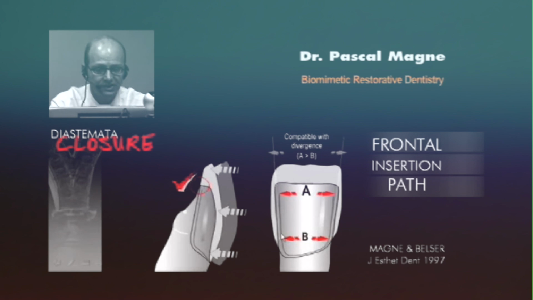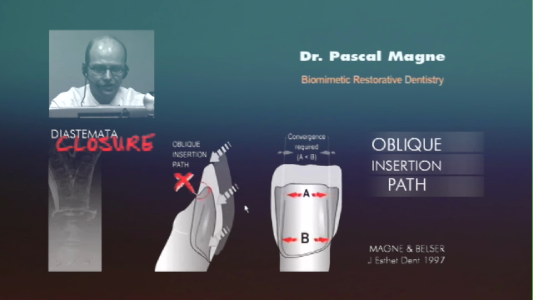You don't need to taper the proximal walls. You can maintain proximal divergence in your preparation by having your restoration inserted through the facial aspect without an oblique angle. If you are starting to bevel or chamfer the incisal edge, like it is here, then the oblique insertion will force you, in order to seat the restoration, to taper to create convergence in the proximal walls.